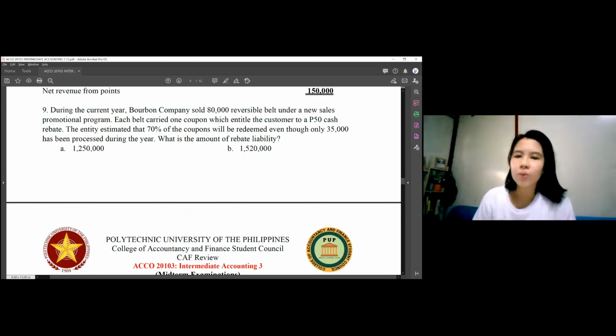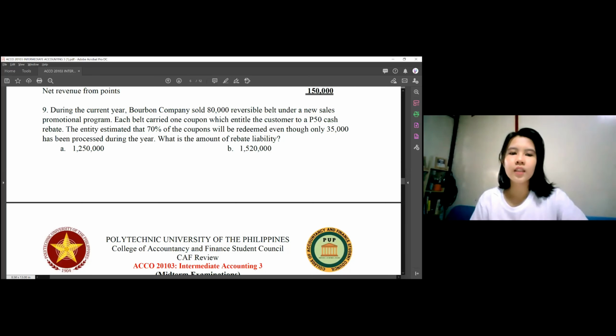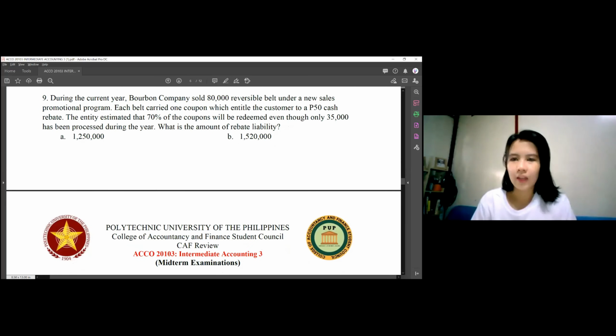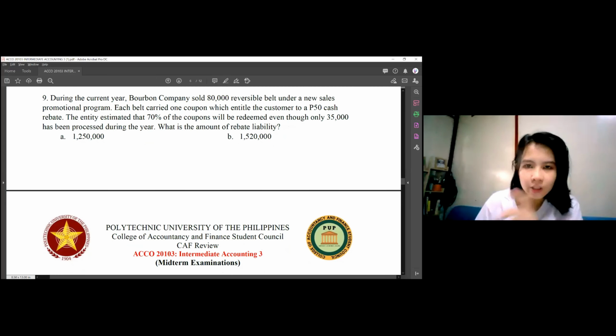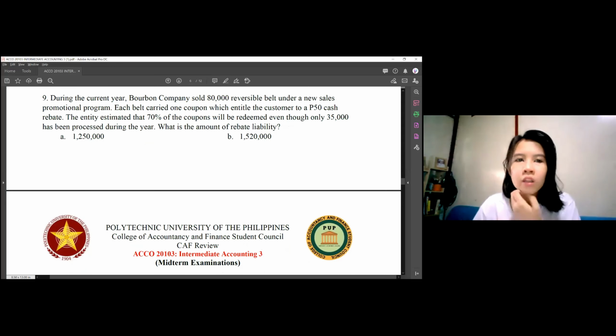Okay, so let's see. Let's start with 80,000 reversible belts. Diba? Multiply natin siya by the amount of cash entitlement, diba? For each belt, which is 50 pesos. So that's 4 million in total.